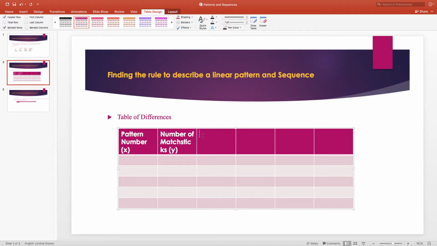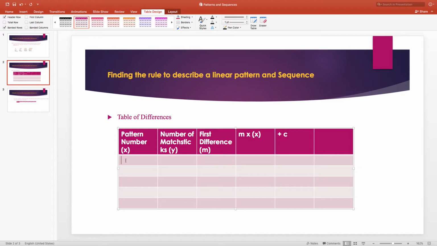Then we're going to do the first difference, which I'm going to call M, and you'll see later why that is so. I'm going to put here M times X, and here I'm going to put plus C.